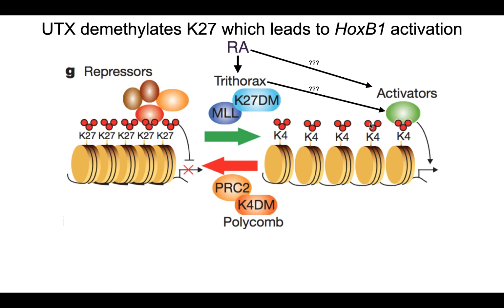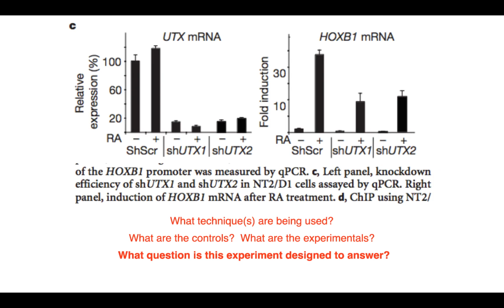So let's take a look at a few experiments that they do. Here we're looking at, I believe, figure 3C. And here we have shUTX1, shUTX2, short hairpin UTX1, short hairpin UTX2.